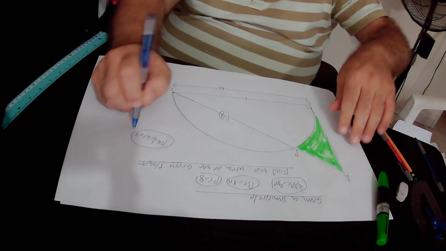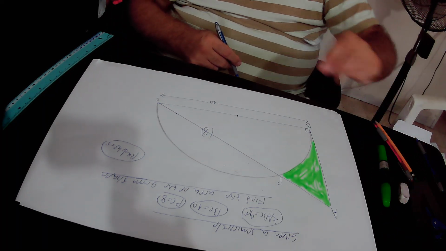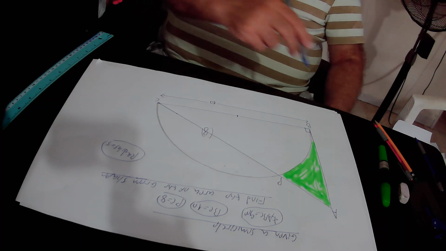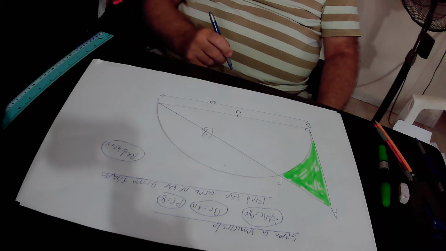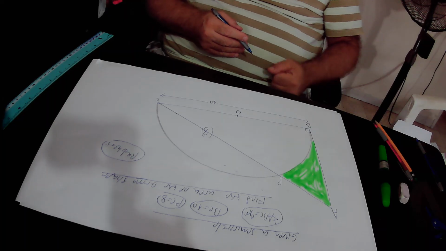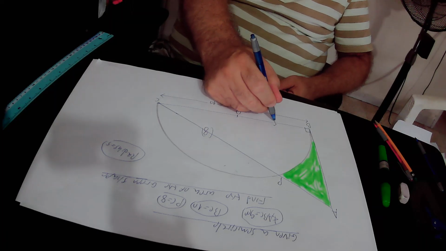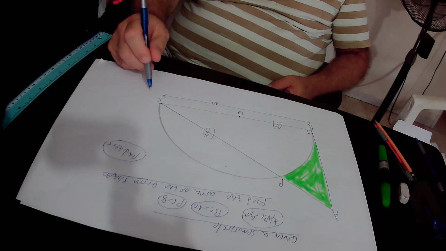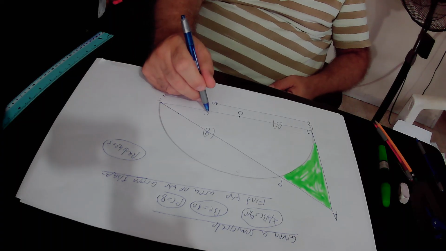And we also know that angle ABC is a right angle. So we define the center of this semicircle, this point is point O. The radius of this semicircle is 5. So OB is the radius of the semicircle, that is 5. OC is also the radius of the semicircle, that equals 5 units in length.